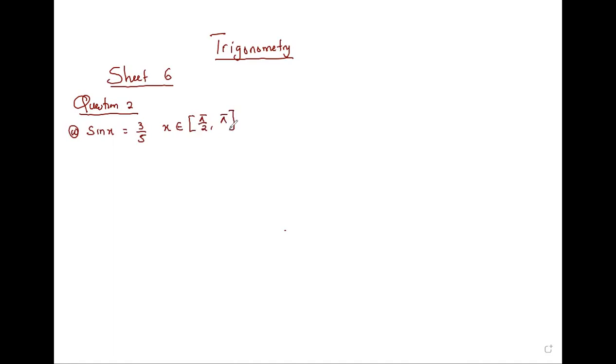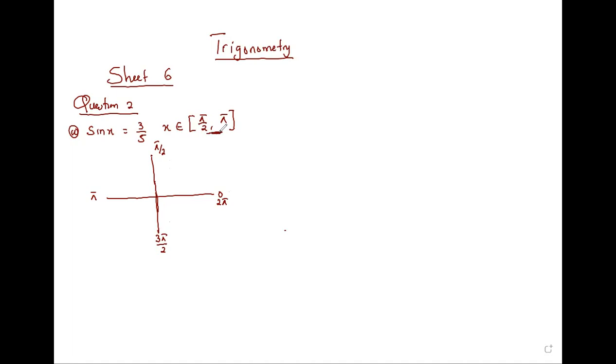Now, you guys understand that when we talked about the quadrants, we say we have the quadrant 0 to pi/2, which is 90. The other one pi/2 to pi, 180, to 3 pi/2, 270, and to 2 pi, 360. So now we're given that x lies in this interval, meaning it lies in the second quadrant.